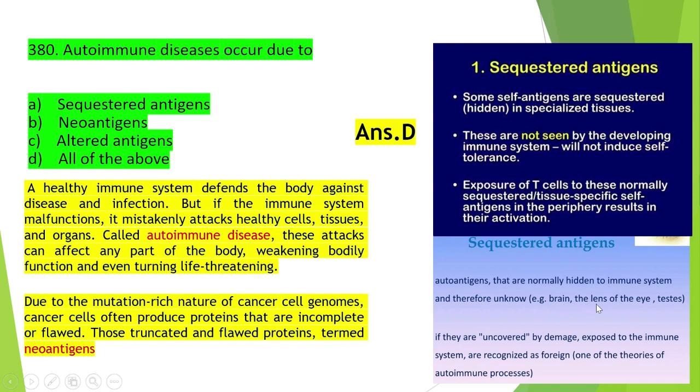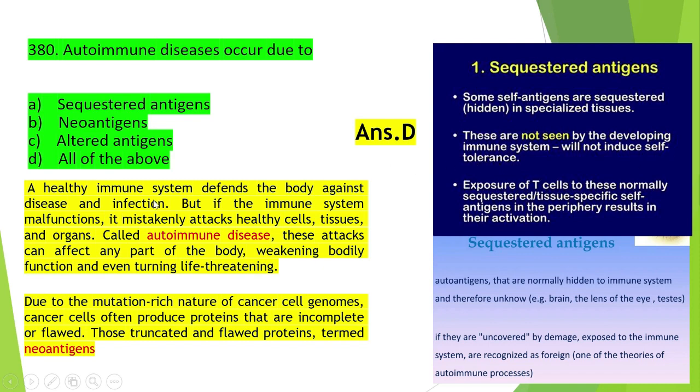Examples are the brain, the lens of the eye, or testes. If they are uncovered by damage and exposed to the immune system, they are recognized as foreign. This is one of the theories of the autoimmune process. Some self antigens are sequestered or hidden in specialized tissue. These are not seen by the developing immune system and will not induce self-tolerance.